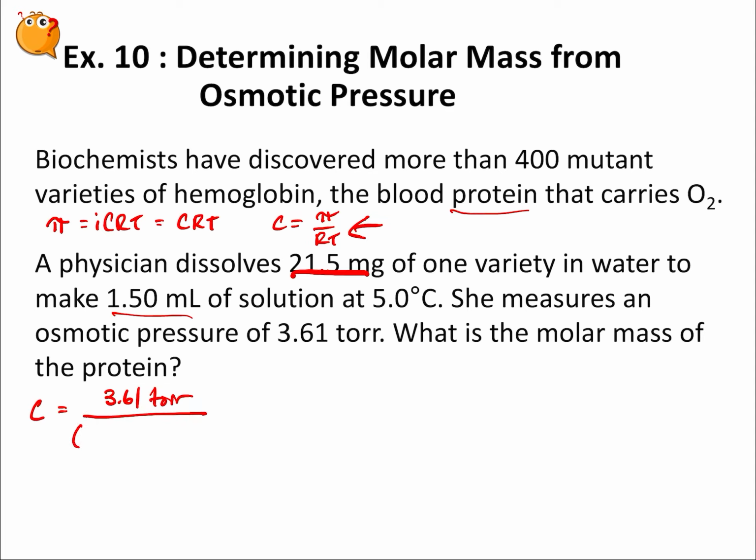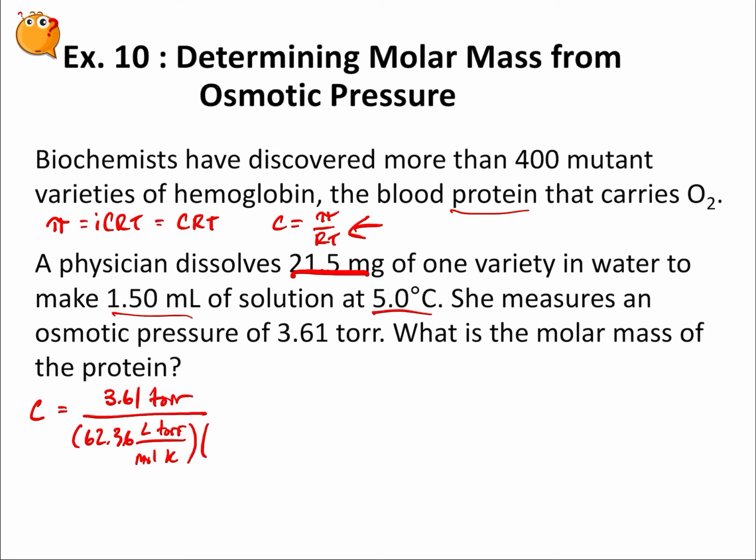And the value of R we want to use in this example is the value of R that has torr, which is equal to 62.36. And this is liters torr per mole K. And multiply by the temperature, which is in Kelvin.